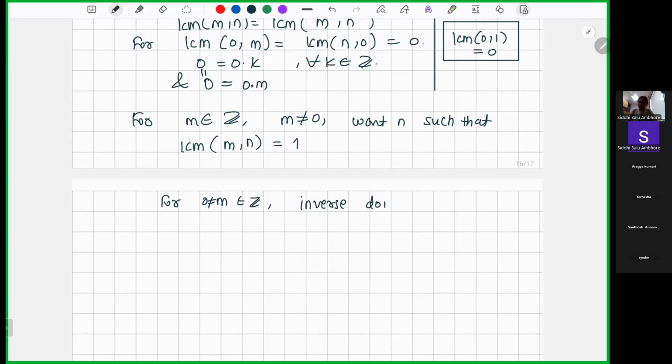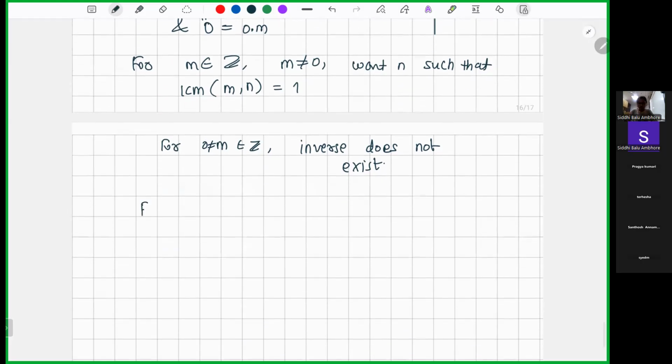The same argument works, even for negative cases. Because when we were talking about positive integers, we had the identity there, and we saw that for positive integers, inverse does not exist. And a similar argument works here because we saw LCM is greater than or equal to mod of both M and N when we are taking LCMs.